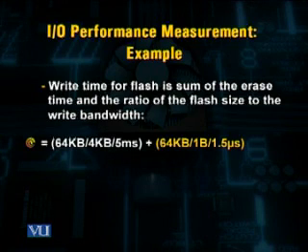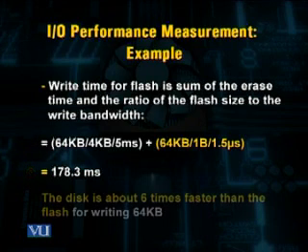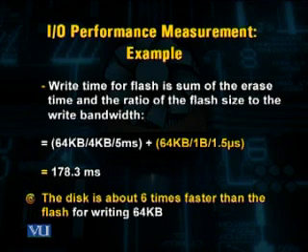Therefore, for 64 kilobytes, the erase time is 64 kB divided by 4 kB, times 5 milliseconds, and adding this value to the ratio of the flash size to the write bandwidth, the result is 178.3 milliseconds. This shows that the disk is about 6 times faster than the flash for writing 64 kB.